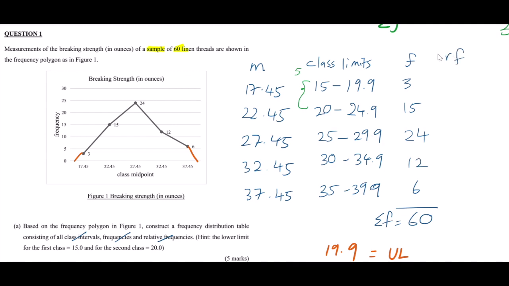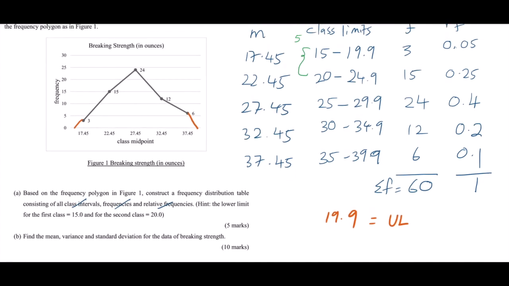That's quite easy. We simply take the frequency, divide it by the total frequency, and here we have 0.05, 0.25. When we total it up, we should get 1. Okay, so we are done with question A.